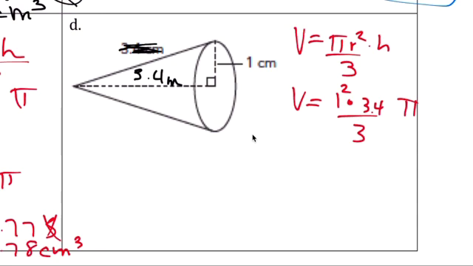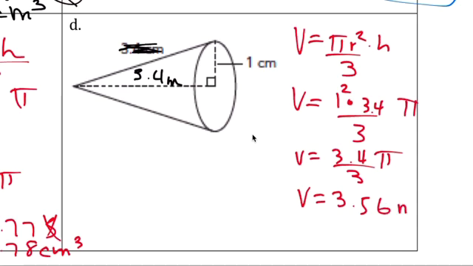So volume is 3.4 over 3 times pi. I get 3.56 meters cubed.